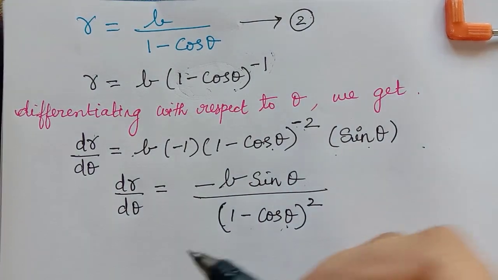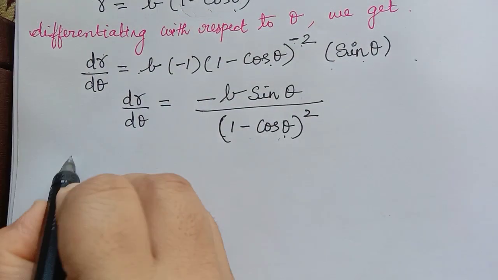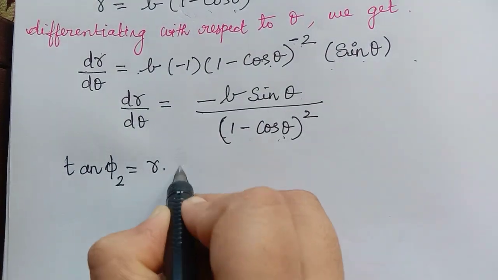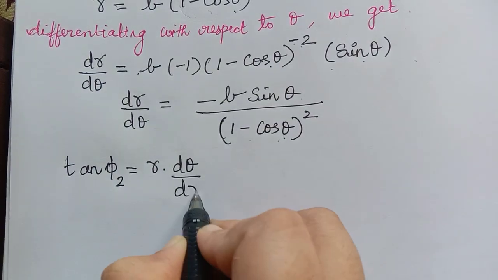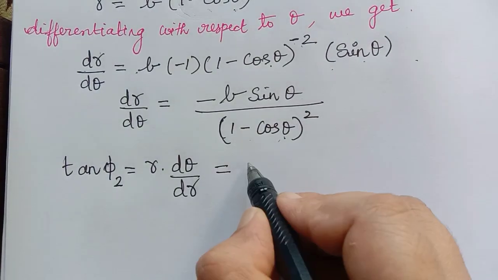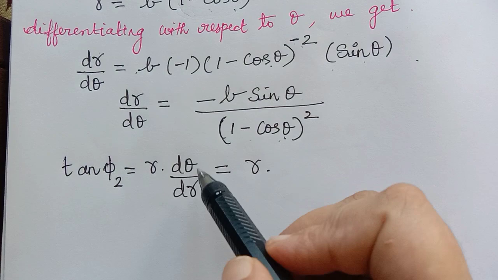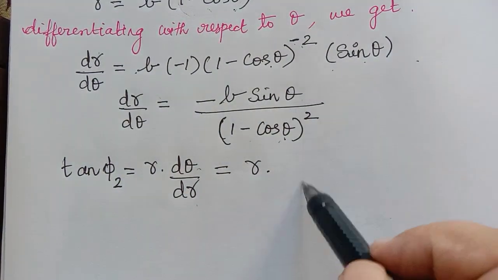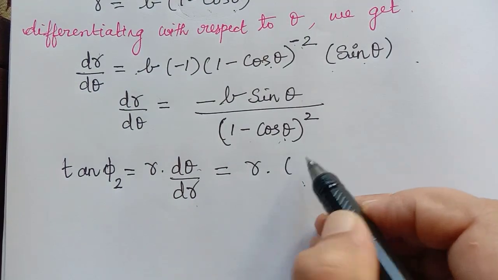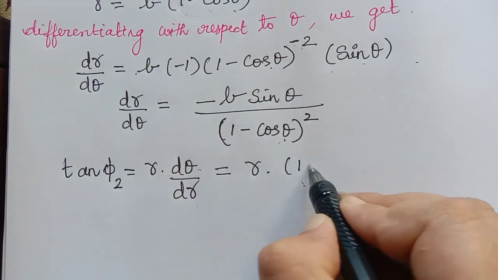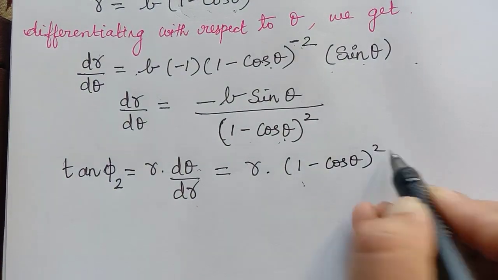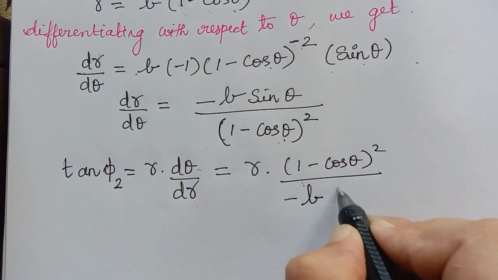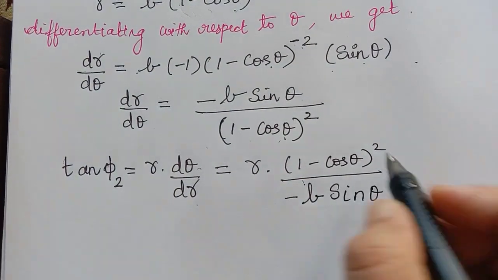Now we shall take this and substitute in tan phi 2. So we know that tan phi 2 is equal to r multiplied with d theta by dr, which is the reciprocal of this. So the denominator we have to write in the numerator, which is (1 minus cos theta) the whole square divided by, the numerator goes to the denominator, so minus b sin theta. But what is r?